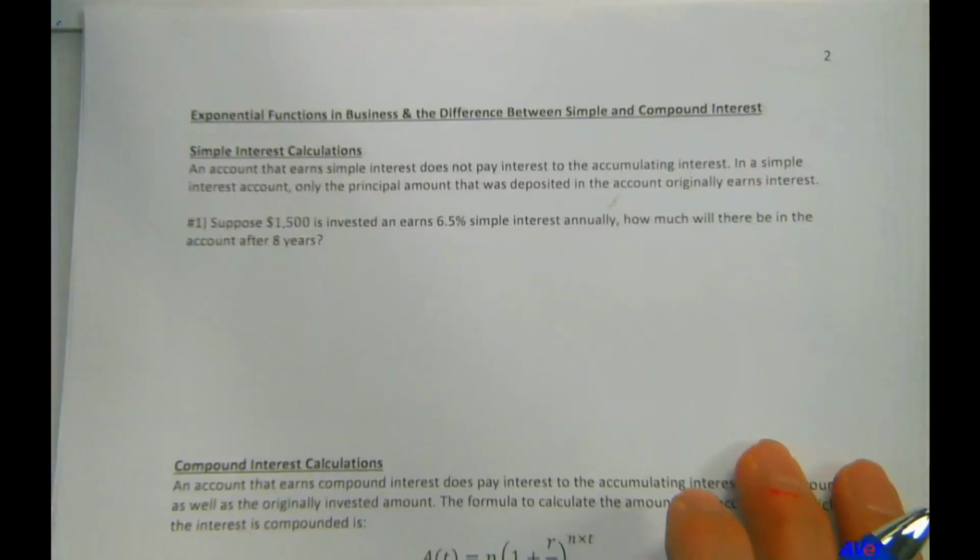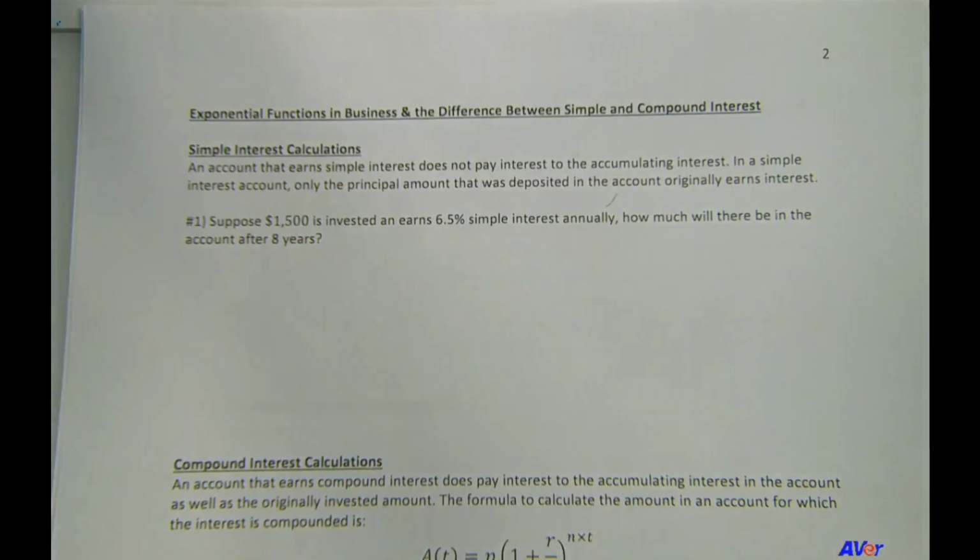In this section of your textbook, they talk about applications of exponential functions to business context. And I think that's very smart, because those are the most common applications of it these days.